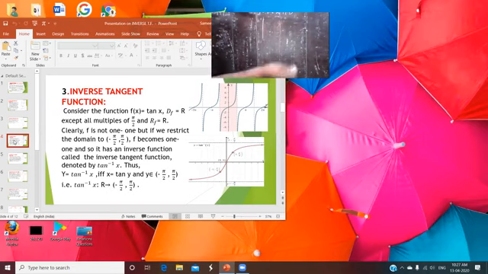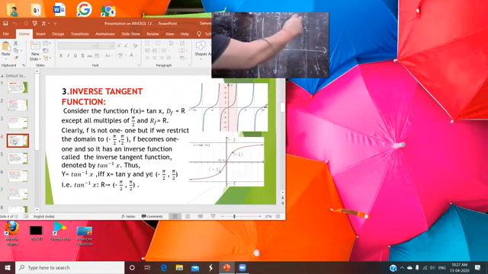Now let us try to check the graph of tan x. So first you draw the graph of tan x. So here that is the line of x is equal to 0. And here a line of pi by 2. As at pi by 2, tan is not defined, here you have to draw a dotted line.